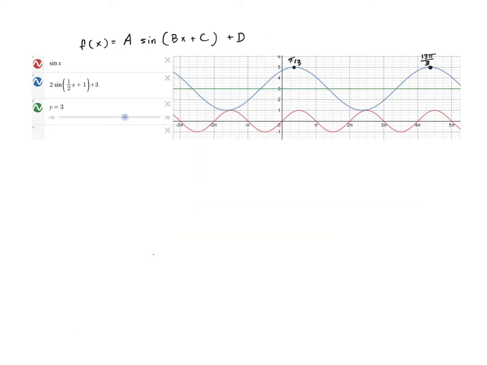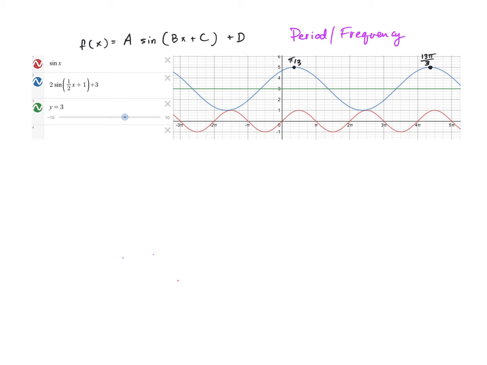Now a couple things. One, you want to look at the period and frequency of a sine function or graph. This idea of period is the distance between two maxima.